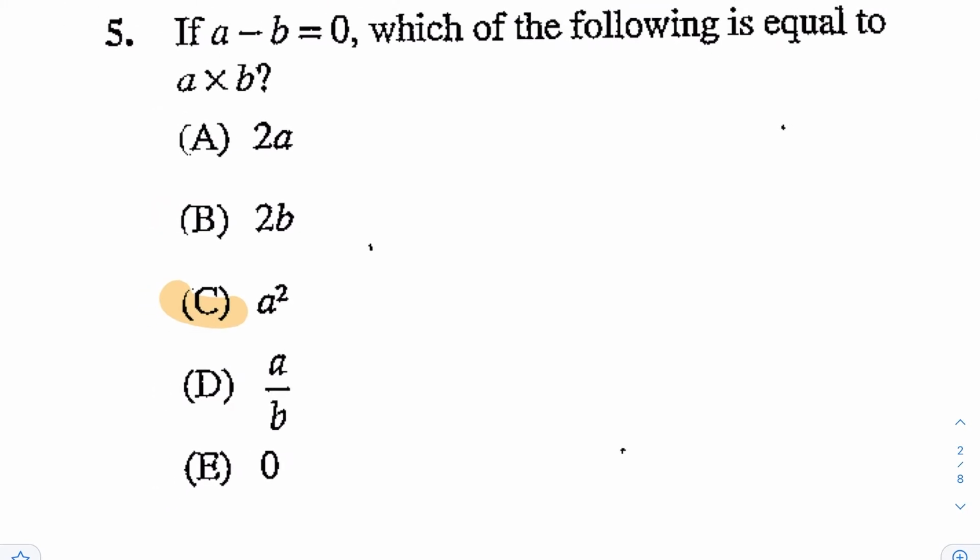All right, next for number 5, if A minus B is equal to 0, which of the following is equal to A times B? So you know that A minus B is equal to 0. And from here, you can add B to both sides.